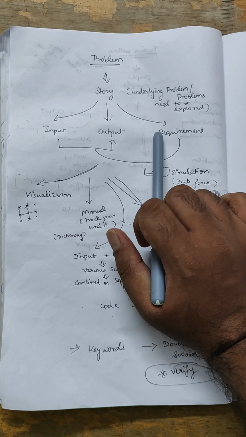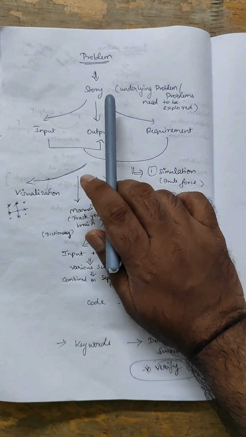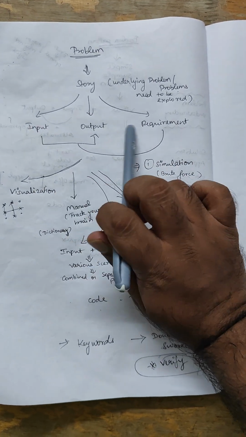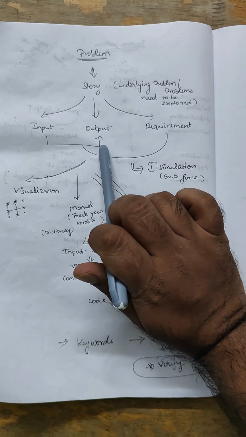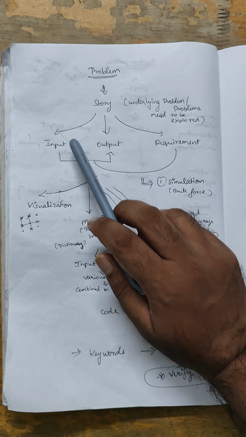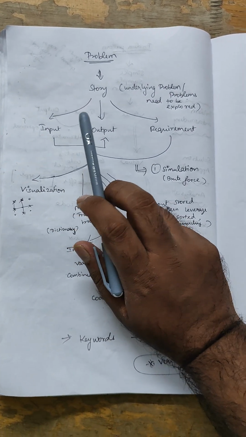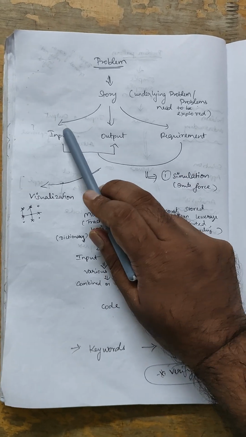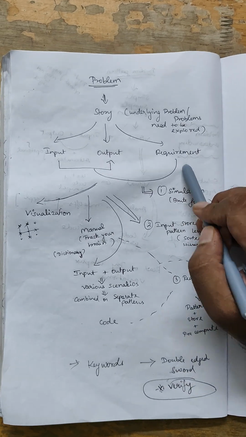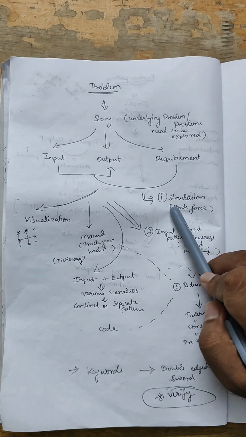This story will have to be broken down into three things: there will be an input, there will be an output, and the story will give you some sort of requirement. You have to identify all of that. Using this requirement, the input should be transformed into the output. Many times, when you understand the requirement, the input and the output, and how the requirement shifts the input to the output, if you directly follow the requirement step by step and turn it into an algorithm, you will get one working solution.